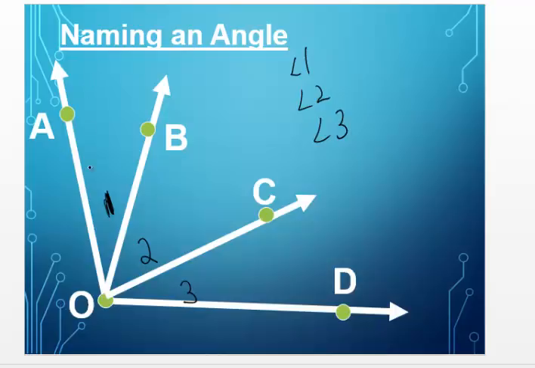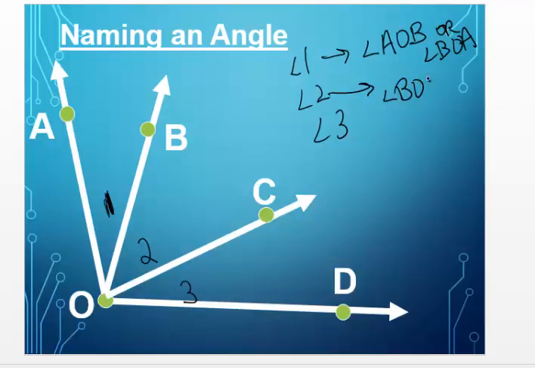Other ways you name angles is angle 1 is also denoted as angle AOB or angle BOA. O, the vertex, always goes in the middle. Angle 2 is noted as BOC or angle COB. And lastly, angle 3 would be angle COD or angle DOC.